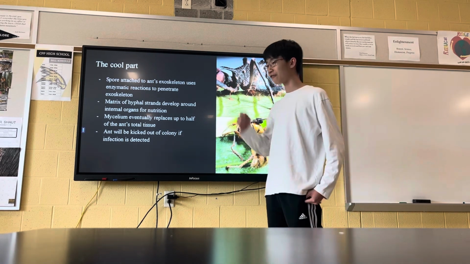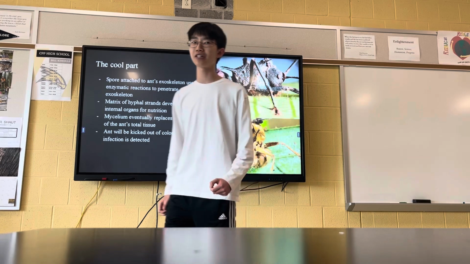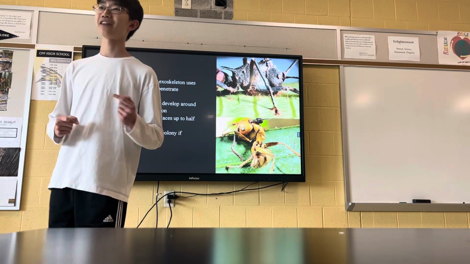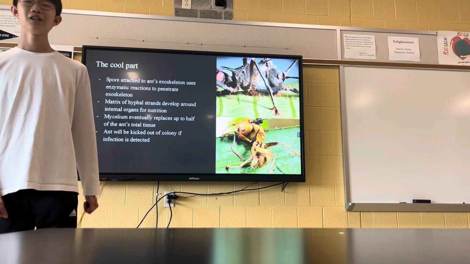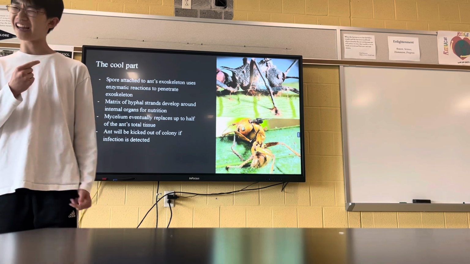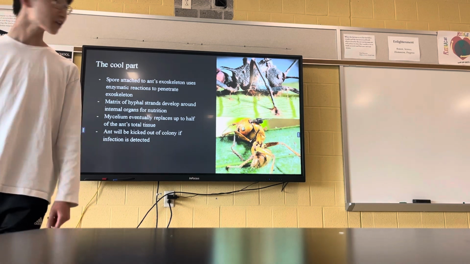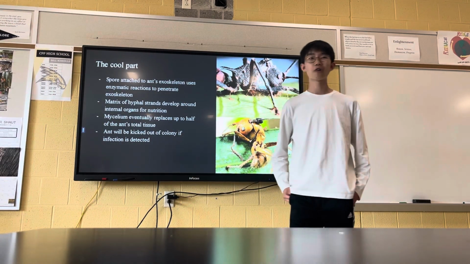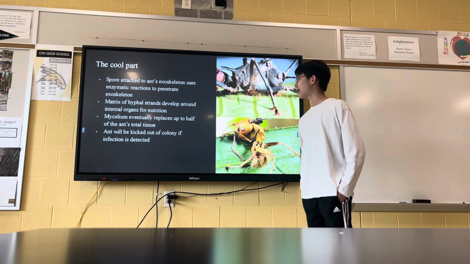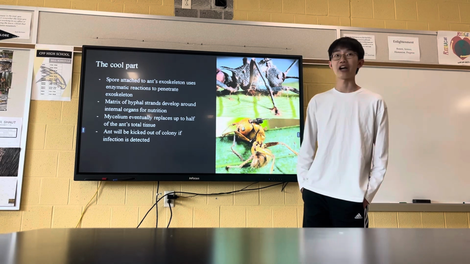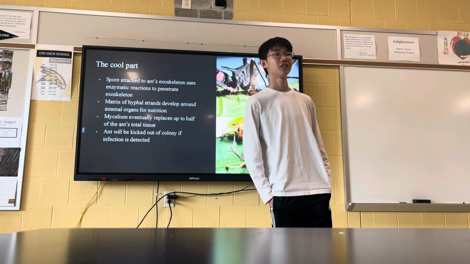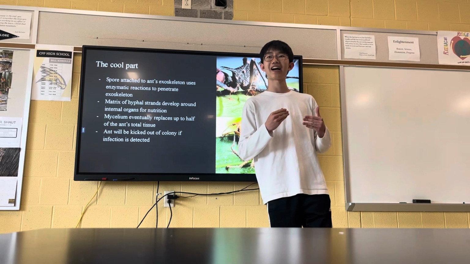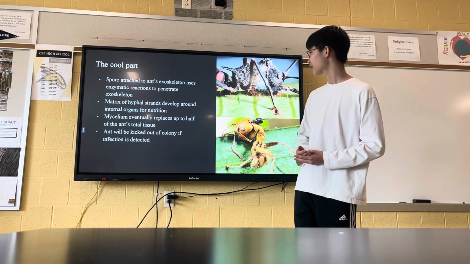One hypha is releasing a special substance that has enzymes in it that dissolve the ant's exoskeleton so that more hyphae can get into the ant's internal organs. So a matrix of hyphal strands develops around the internal organs for nutrition. Mycelium eventually replaces up to half of the ant's total tissue. So the ant is being dissolved from inside and replaced by fungus.